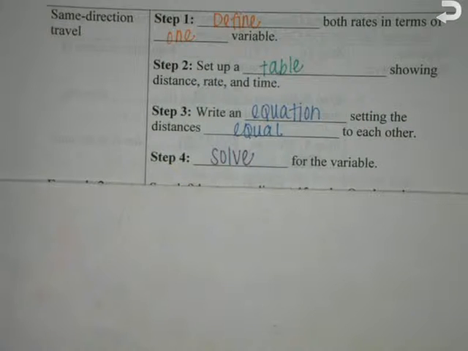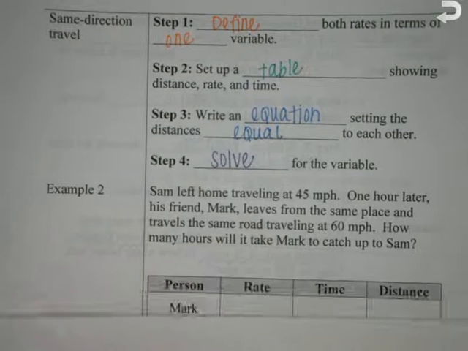Example 2. Sam left home traveling at 45 miles per hour. 1 hour later, his friend Mark leaves from the same place and travels the same road, but at 60 miles per hour. How many hours will it take Mark to catch up to Sam?